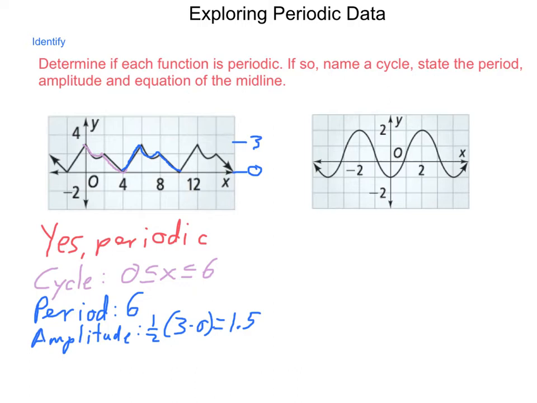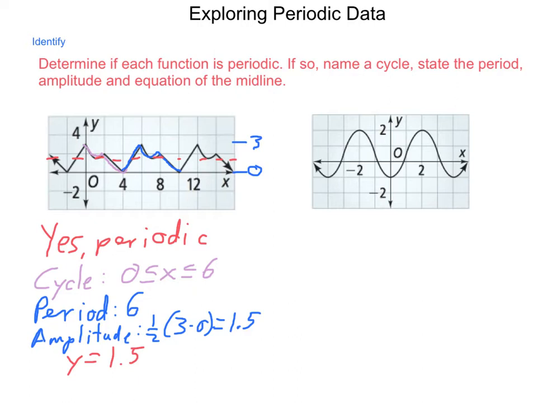And then what is the equation of the midline? The midline is that value right in between. So in this case, we're going to have a midline of y equals 1.5, or 1 1/2. That would be located approximately here, and it's equal distance to the maximum or the minimum from that point.